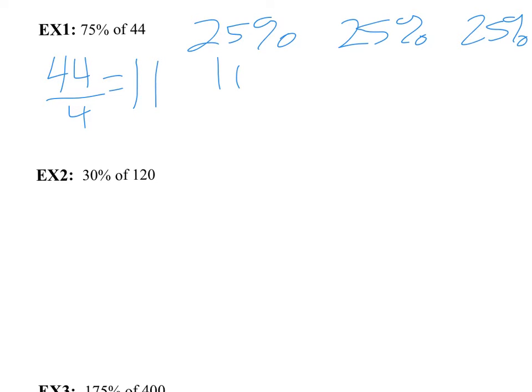So every 25% is 11. And if I add all that together, I end up with 33. And that is the value I was looking for. So 75% of 44 is 33.